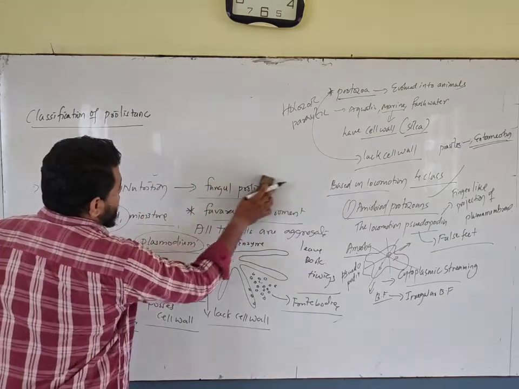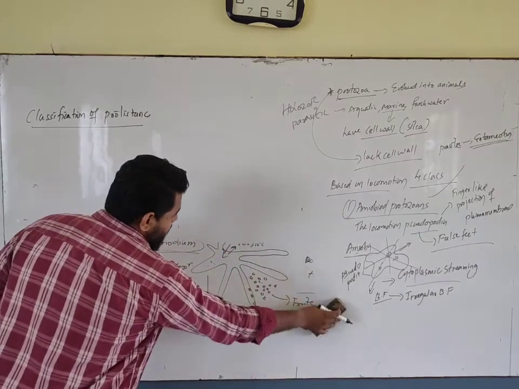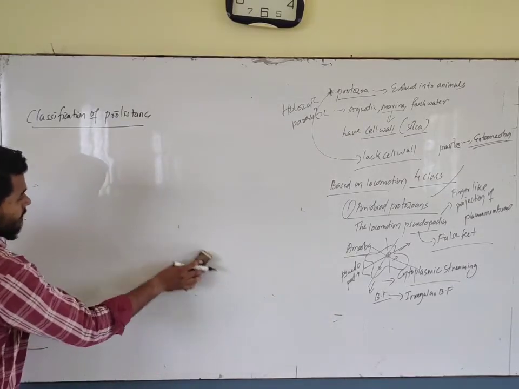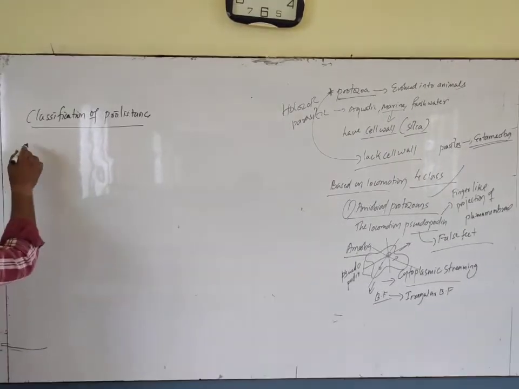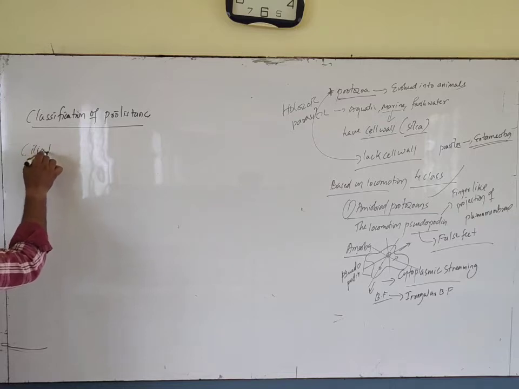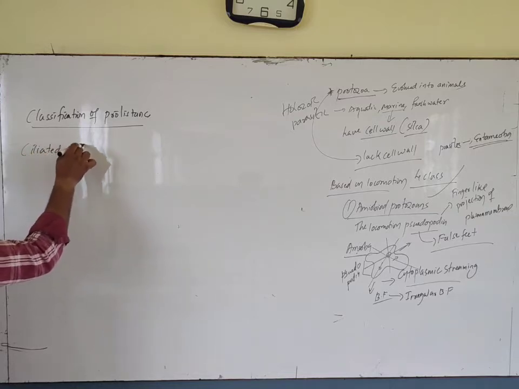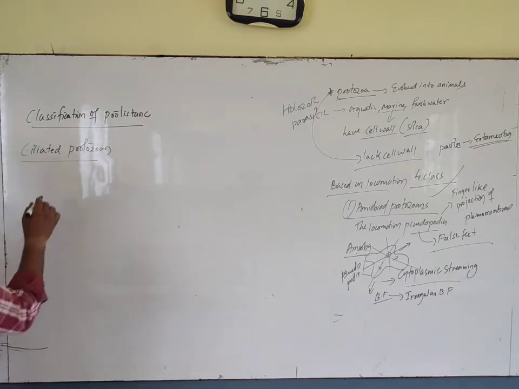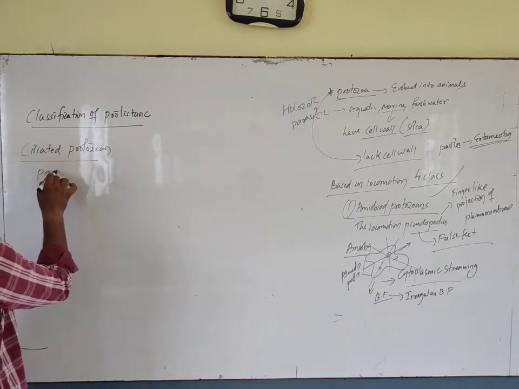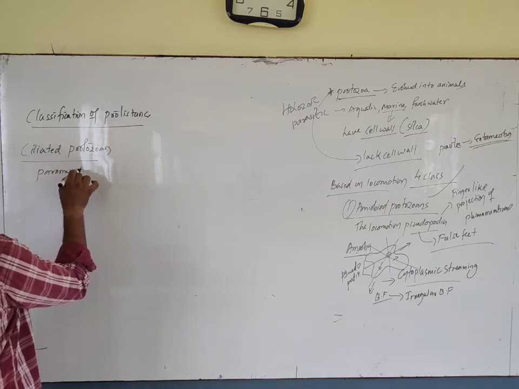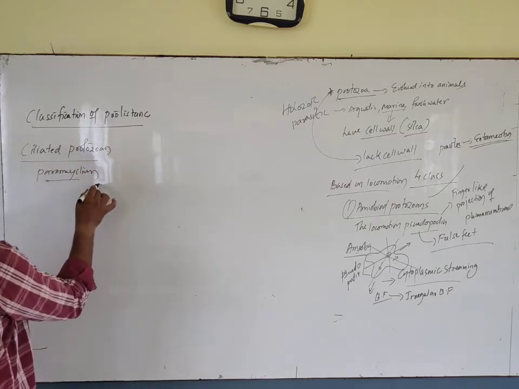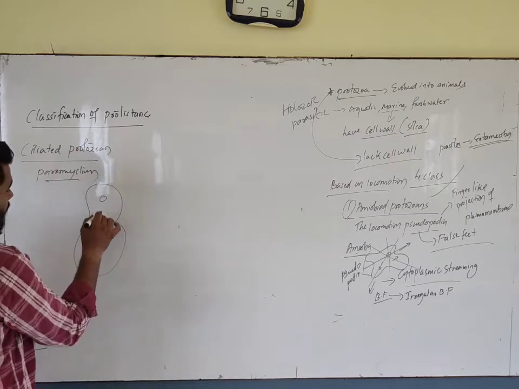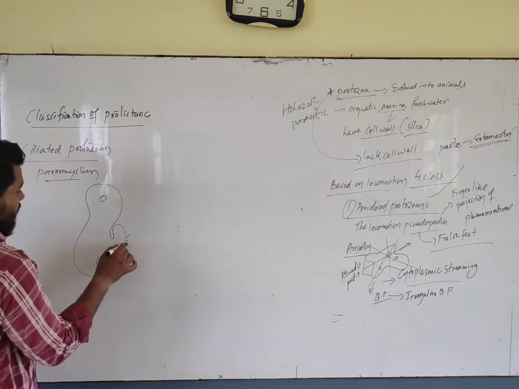The next, ciliated protozoans. You can take the example of Paramecium.